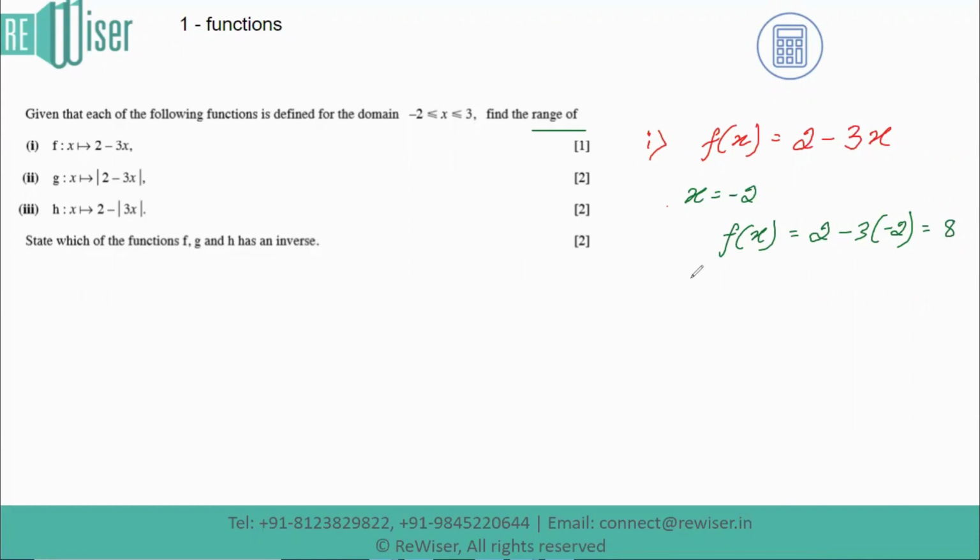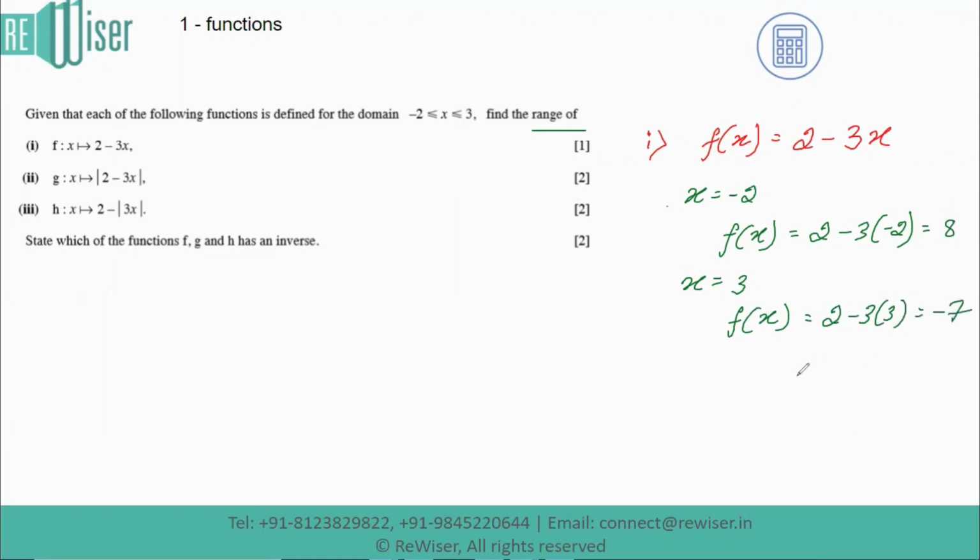And similarly, when we substitute x as 3, the value of the y coordinate would be f of x equals 2 minus 3 times 3, which is nothing but 2 minus 9, which is minus 7.